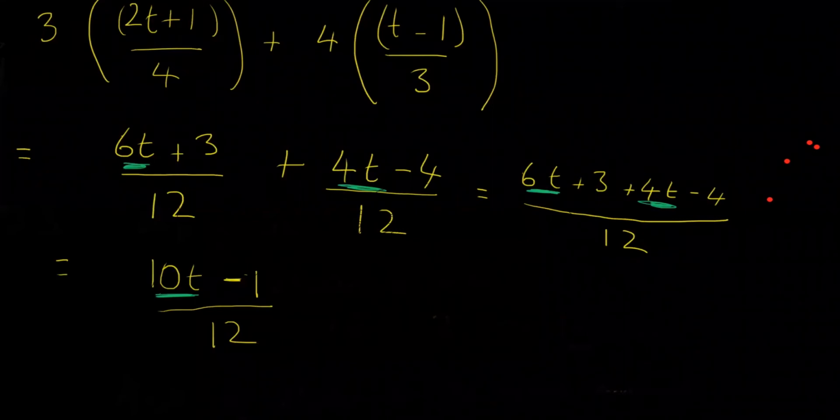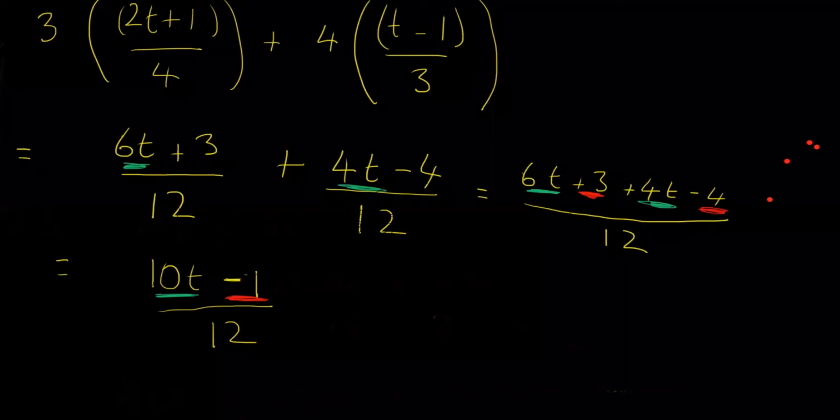And then what I've also got is a plus 3 there and a minus 4, it's a negative, and it's a negative 1. And it's over 12. So all we've done is simplified. Okay, does that make sense? Trust me, we're going to do lots more examples, and by the end of today, you will be experts at these. I promise you.